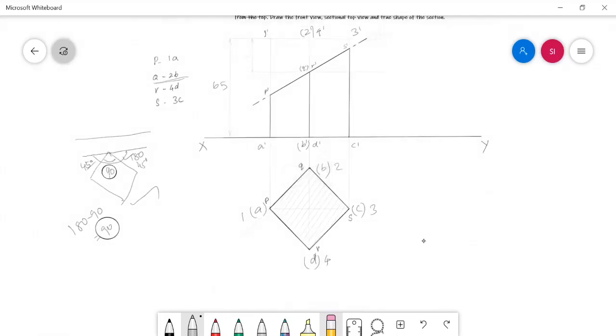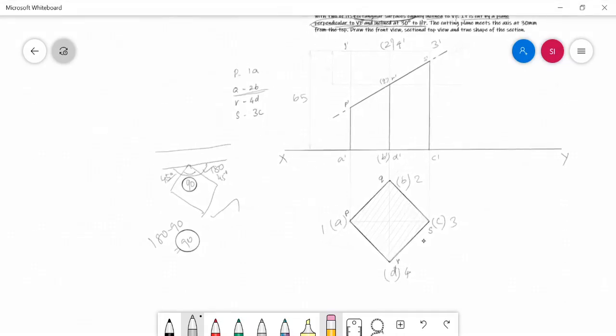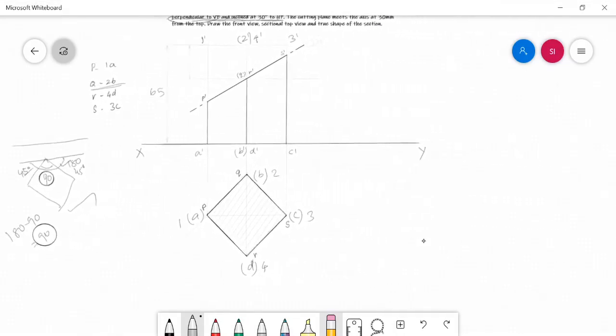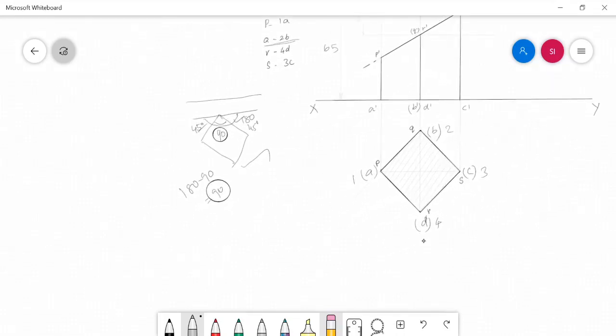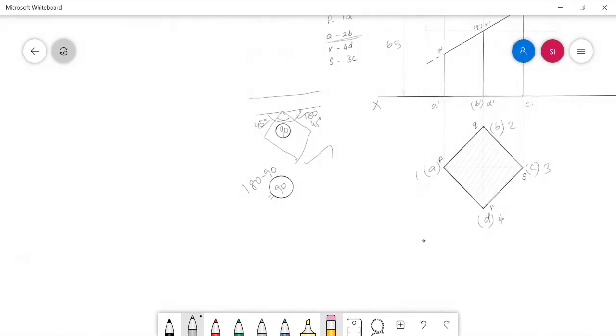Now I just completed the sectional top view of the object, and now we need to consider the true shape of the section. That is, in the very first introduction class we know that in the case of a cutting plane inclined to HP, when you look from the top, the sectioned area is showing you an apparent shape of the newly exposed surface only.